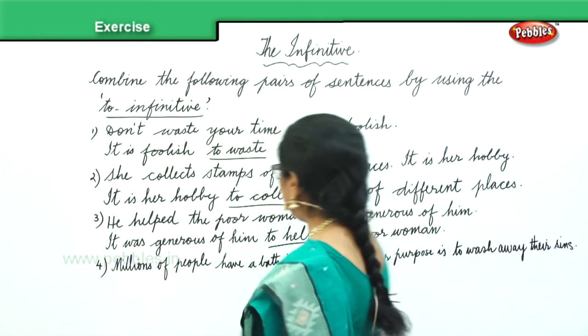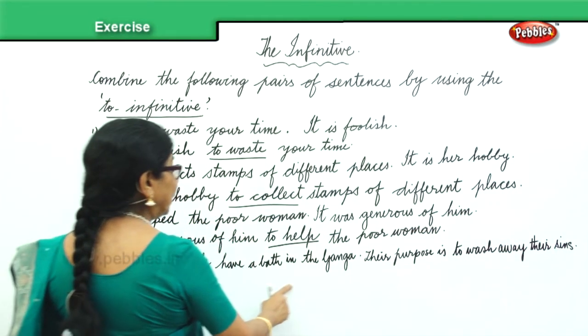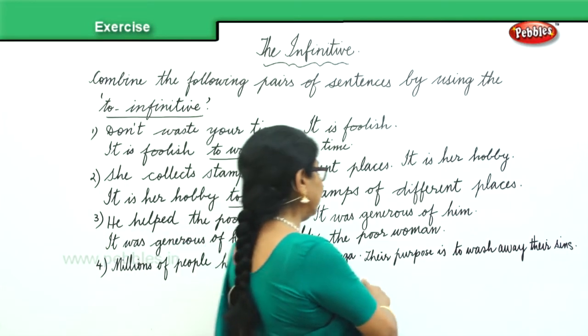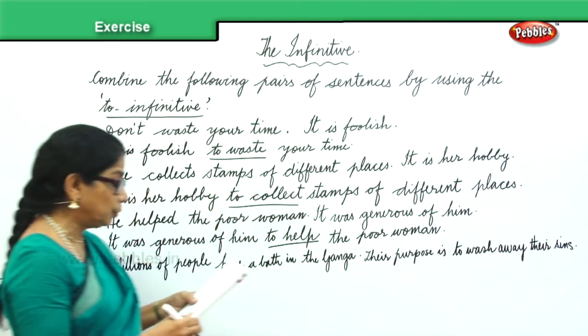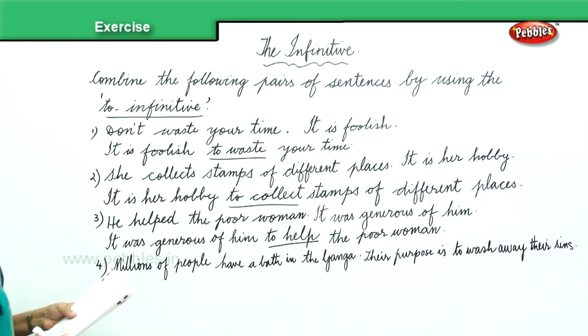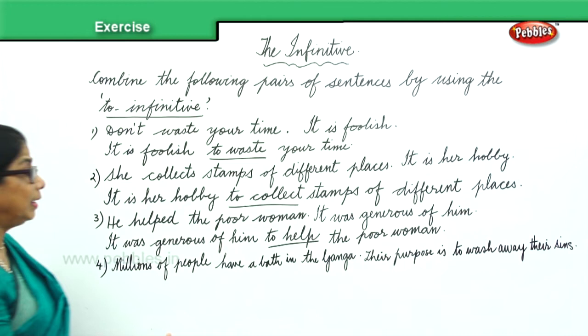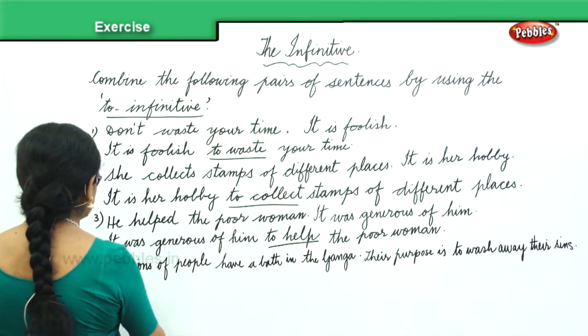Now, how will you combine that? Millions of people have a bath in the Ganga. Their purpose is to wash away their sins. So, you can say millions of people bathe in Ganga to wash away their sins. That can be the answer.